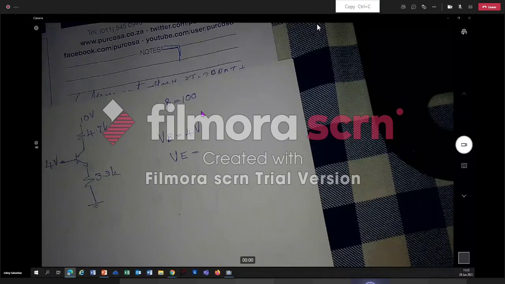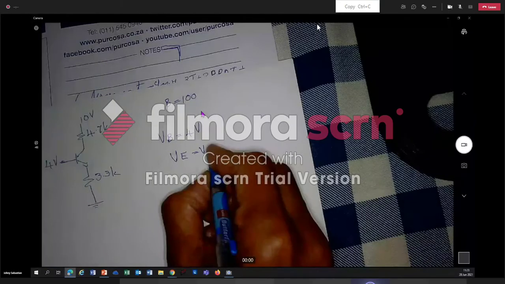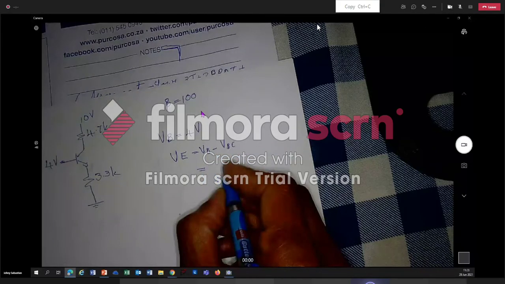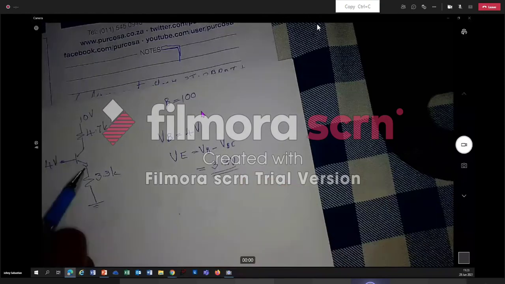But voltage at the emitter is voltage at the base minus VBE. That is 4 minus 0.7, you get 3.3 volt. That is the voltage at the emitter. If you know the voltage at the emitter is 3.3 volt, the other end of the resistor is at ground. Therefore, you can work out the emitter current.